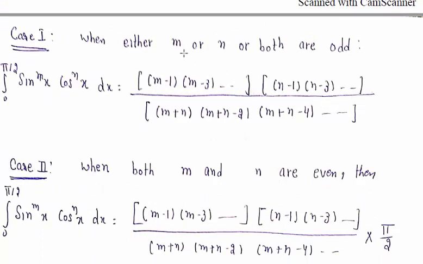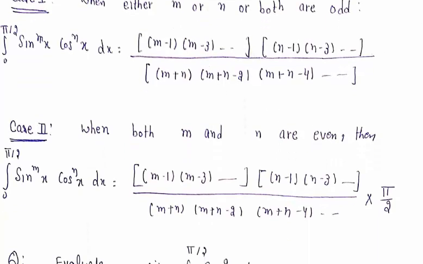And when m and n are both even integers, then we multiply by pi by 2.